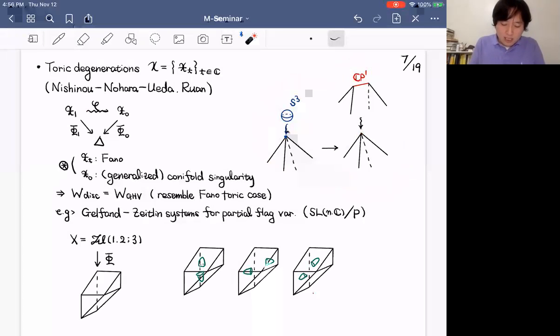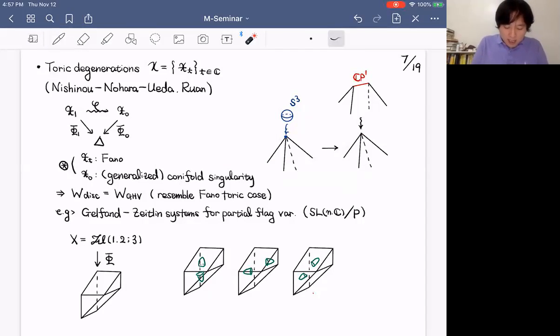So this is the conifold model. Okay. If our toric variety has that kind of singularity, then what they prove is that the disk potential agrees with the given Hori-Vafa potential. It means that it resembles the Fano toric case. In other words, there is a one-to-one correspondence between the Maslov 2 holomorphic disks and facets.